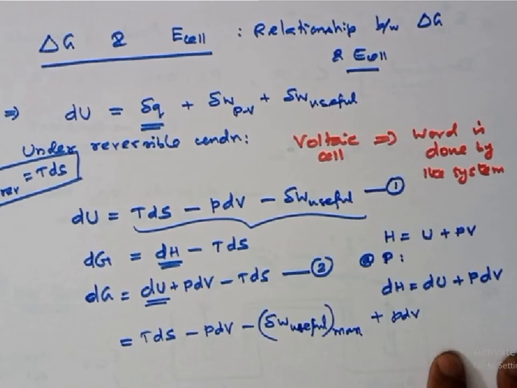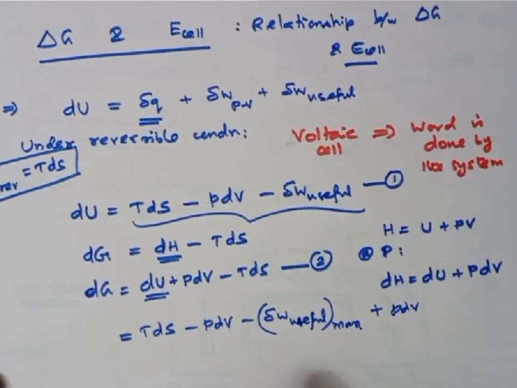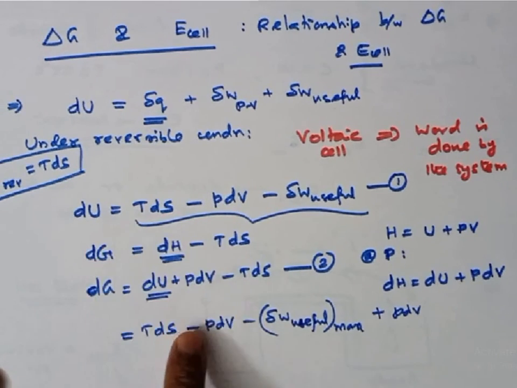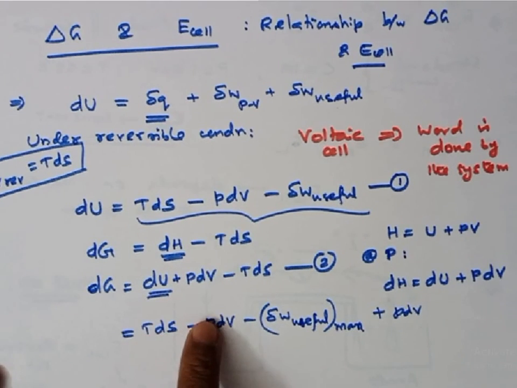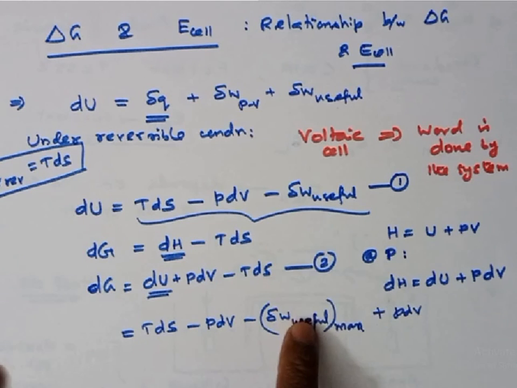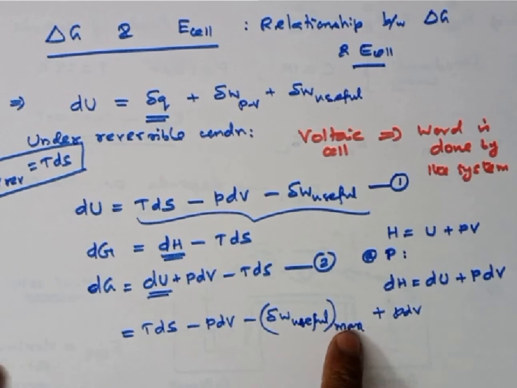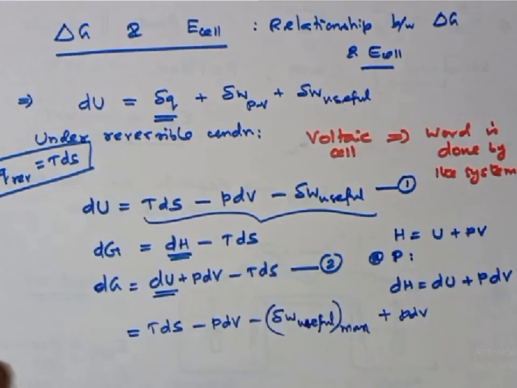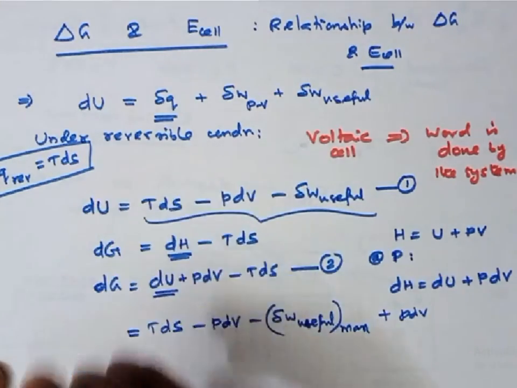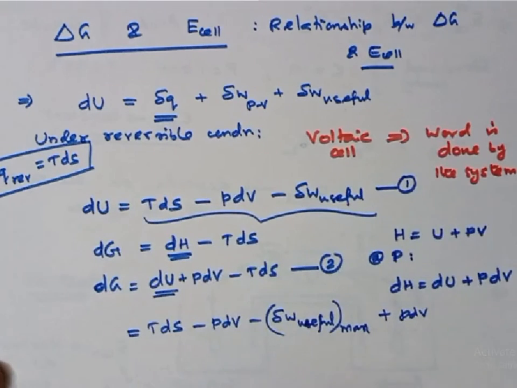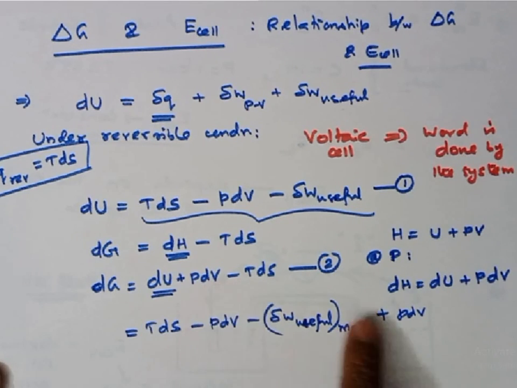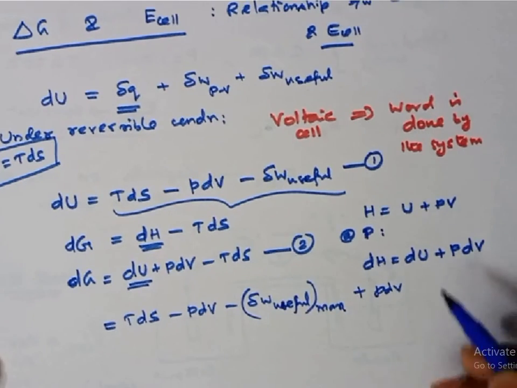Plus p dV minus T dS. So we get T dS minus p dV minus that useful work done, which is a maximum work done. Why? Because now the cell is operating under reversible condition. Under reversible condition, the work that is produced from a cell is the maximum work. Then we have p dV here, so I wrote p dV minus T dS.